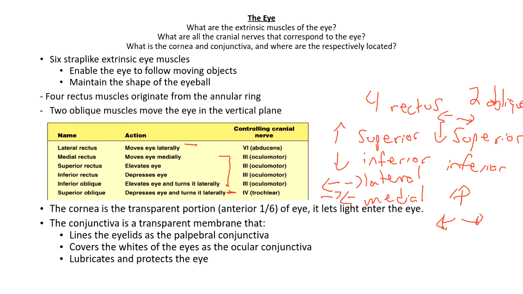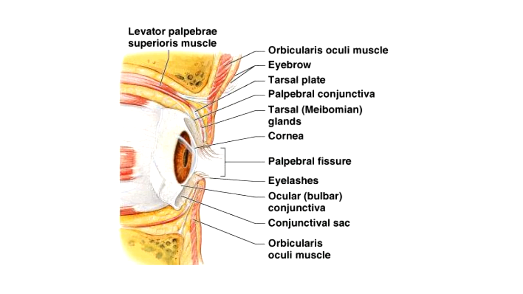Now, the cornea is a transparent portion of the eye, and this is what lets the light enter the eye. The conjunctiva is a membrane, okay? It lines the eyelids, it covers the whites of the eyes, and protects the eyes. All right, there's some of the eye anatomy right here.